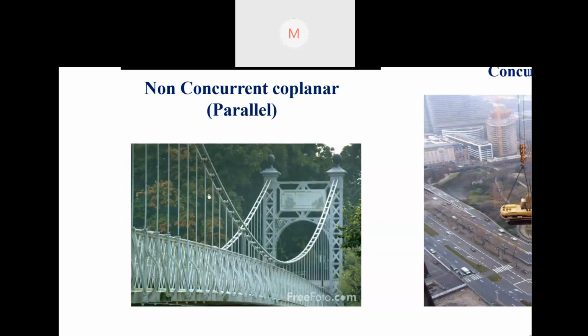So this is why they are non-concurrent. Is it clear? They are not joining at particular points, so these are non-concurrent and coplanar.